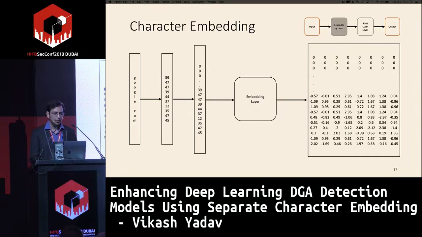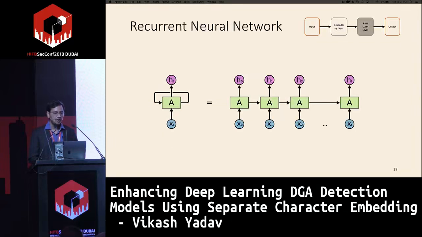This input is then passed to the next hidden layer, which is a recurrent neural network. Recurrent neural networks are a special kind of neural network. A traditional neural network takes an input and then makes a prediction. For example, a handwritten digit system takes a handwritten digit image as input, and based on that image, it makes a prediction whether that image is a 7 or 8 or whatever number it is.